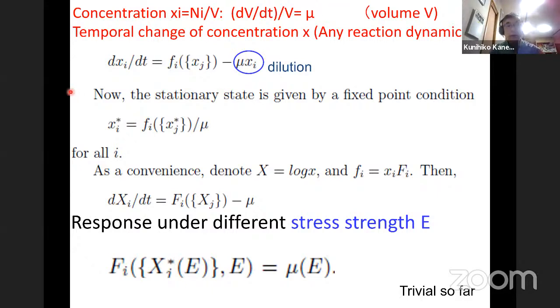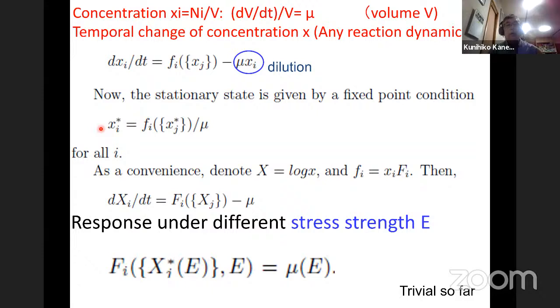So that is the equation for the chemical concentration. And F_i includes any complicated reactions, degradation, all of these. So F_i can be a complicated function of all x_j. But the steady state means that this should be equal to 0, so it has to satisfy this.